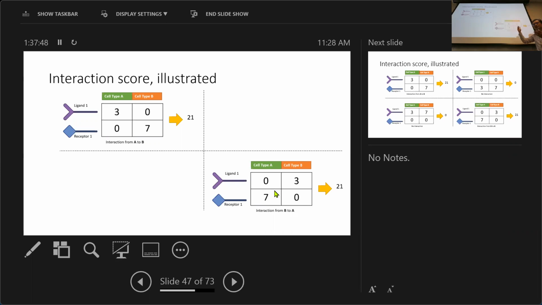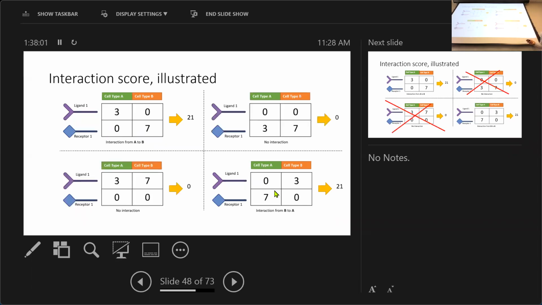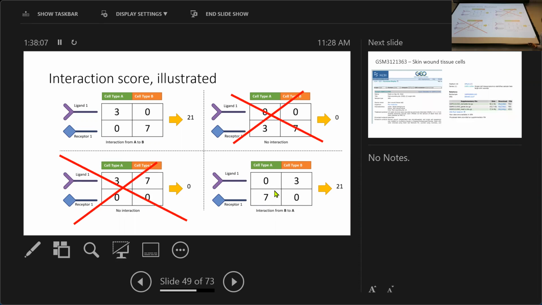So this analysis is directional, so you cannot simply replace cell type A with B. The direction from A to B and B to A is not the same, not symmetric. So if you have, in this case, we just don't consider them. Okay, the score is 0.